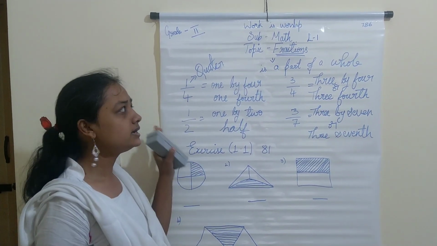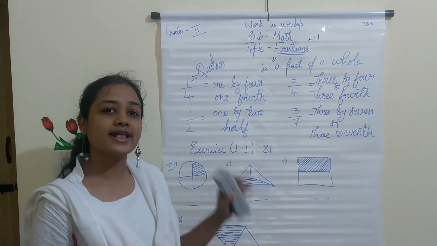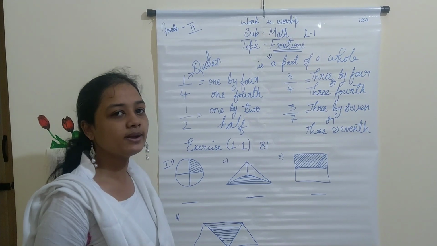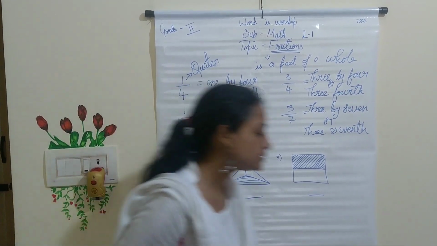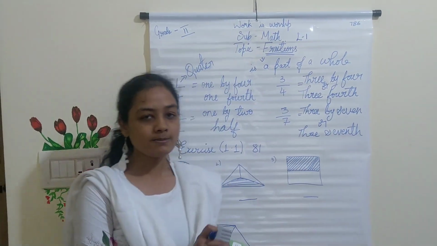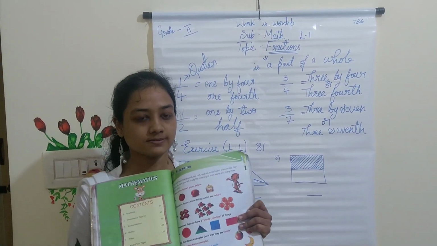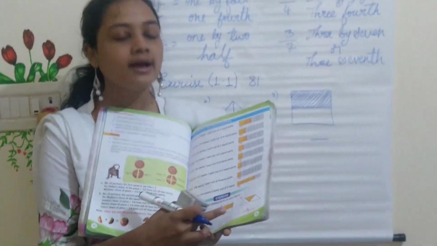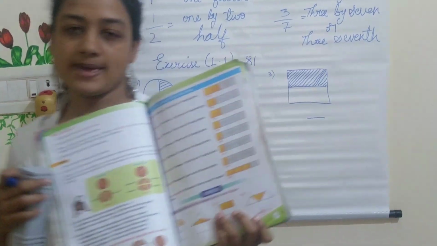So children, by this we have finished our explanation of fractions. Now I want everybody to take your textbooks. Lesson number 1, fractions. Turn your page to 81. Page number 81.